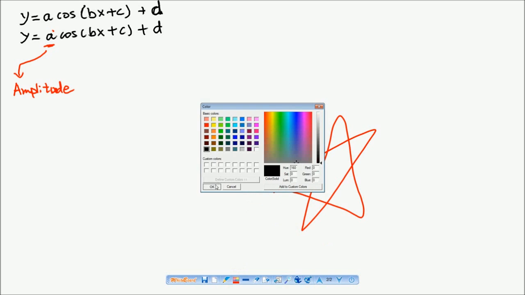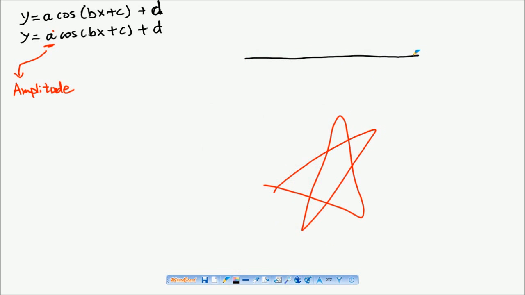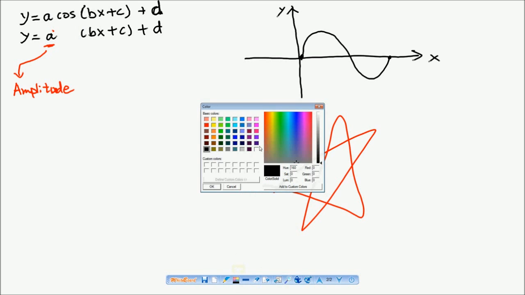If I have a standard graph, a sine graph or a cosine graph, the amplitude basically is the height of the sine wave.